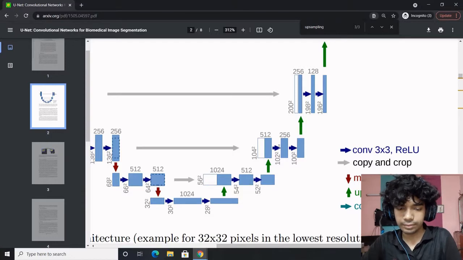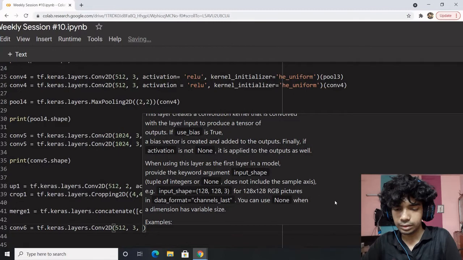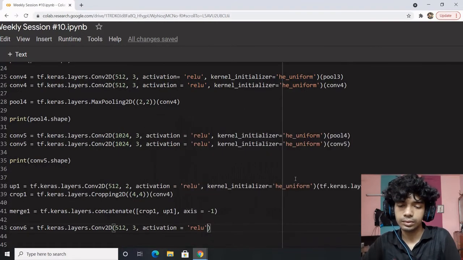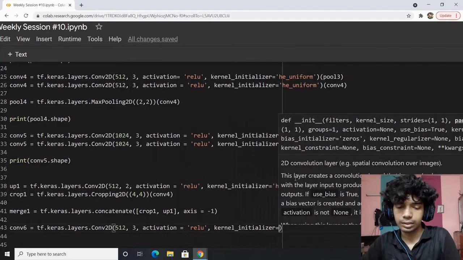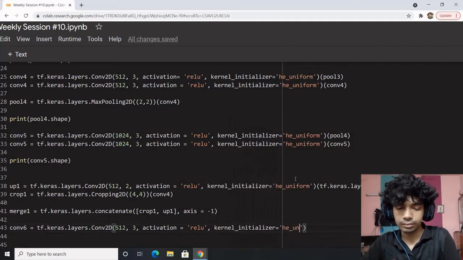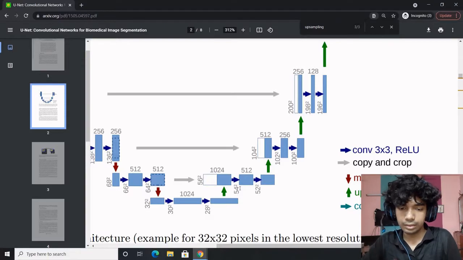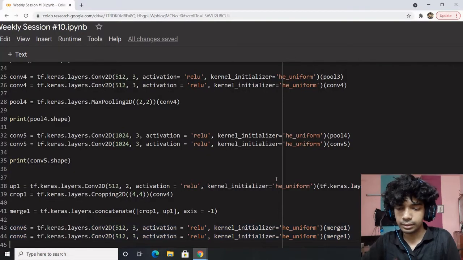Then we have 3, activation as relu, kernel initializer as he uniform. This happens on merge 1. This is again repeated on convolution 6.